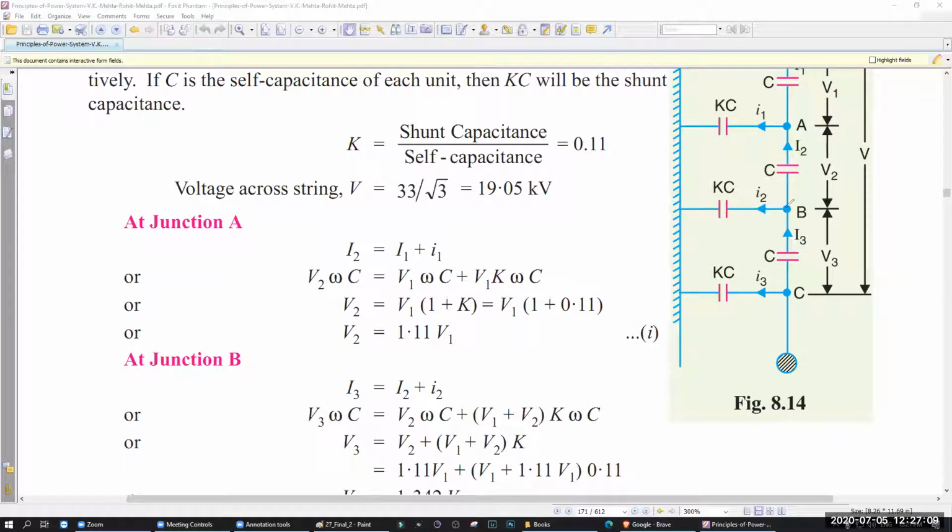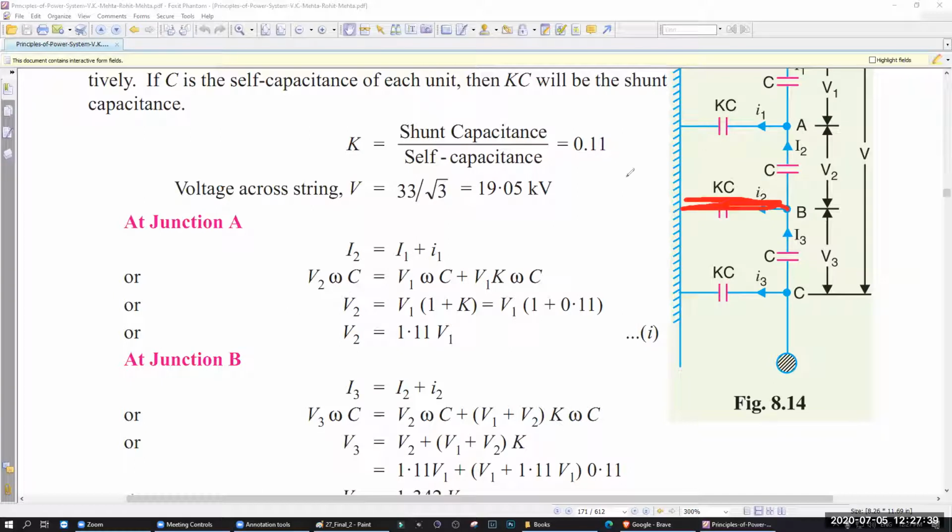Now, at junction B, you have one current coming, I3, equal to I2 plus I2. So again, I3 is equal to V3 omega C. I2 is equal to V2 omega C. The important part is this one.